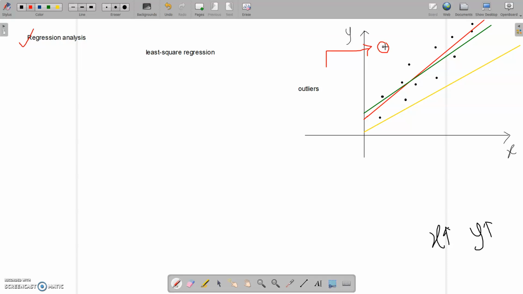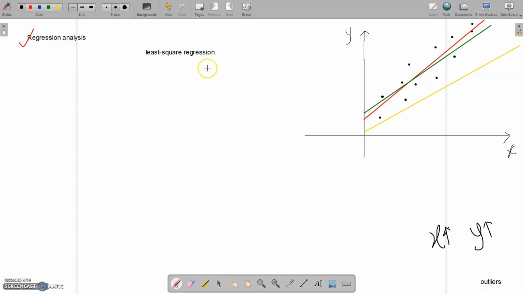This is not included in our discussion, so for now just assume that we remove this outlier. Again there are different methods to deal with outliers, and that is very important when you do this kind of regression analysis, but that is not included, so I am also excluding that. Let's keep it this way.